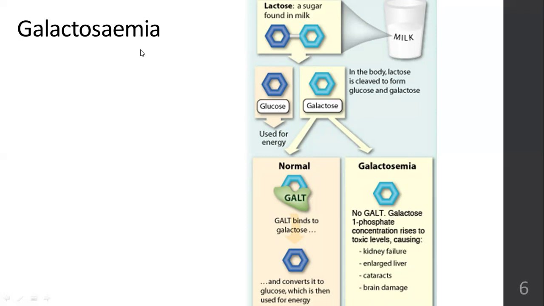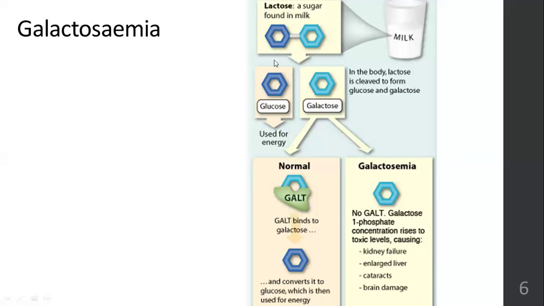Galactose, lactose, it comes from milk. So ideally, what is recommended here? No milk. Whichever food has lactose, avoid it. So avoid milk. So this is what galactosemia is. Again, it's an inborn error of metabolism, in which a specific enzyme called galactase is absent, or the child's body is not producing galactase.